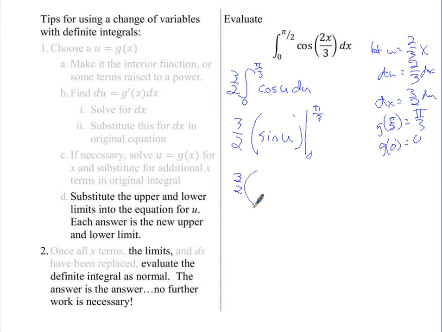Sine pi over 3? Okay. Minus sine at 0. So 3/2 times root 3 over 2. So 3 root 3 over 4.